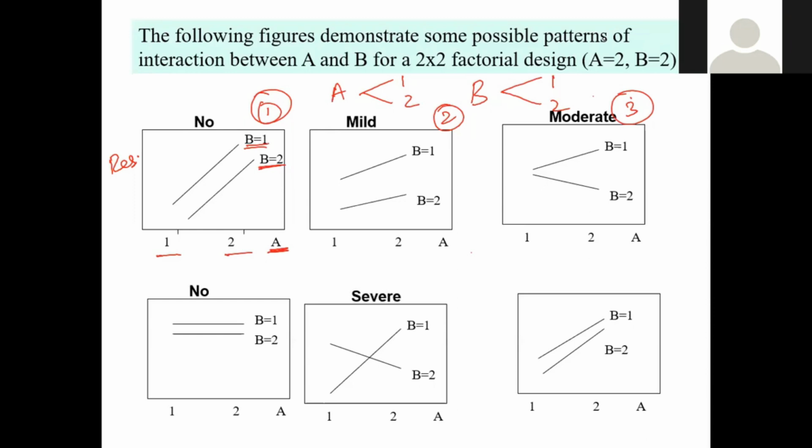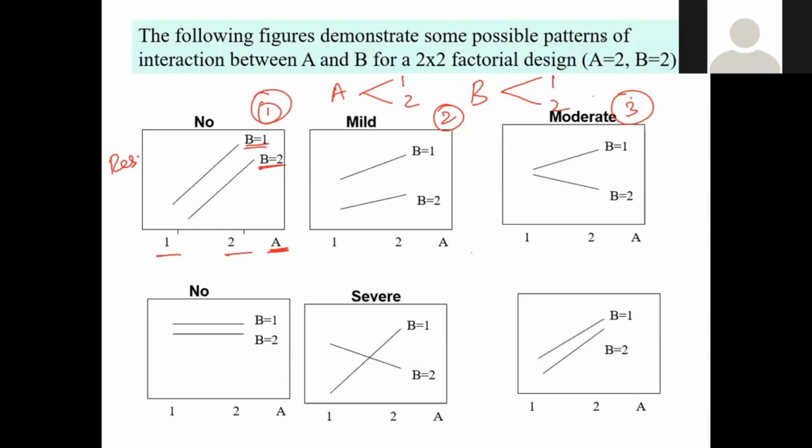And when the lines cross very much, that is called severe interaction. So it's a perfect interaction. In a heart attack, we say mild attack, severe attack. You understand the intensity of the attack, isn't it?